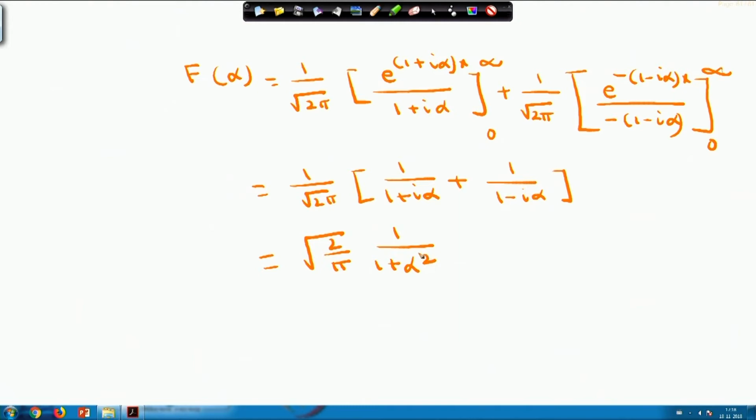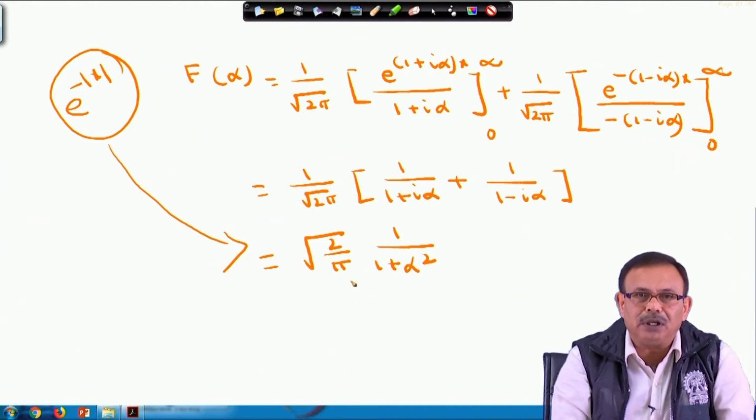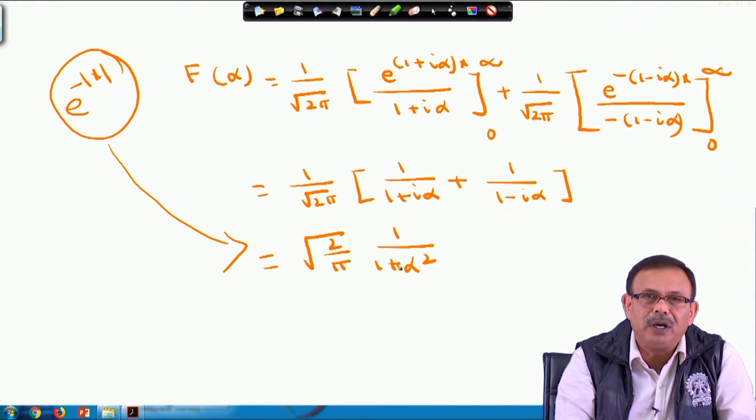So please note that the Fourier transform of the function e power minus mod x is root over 2 by pi 1 by 1 plus alpha square, and again I have to evaluate the value of an integral.